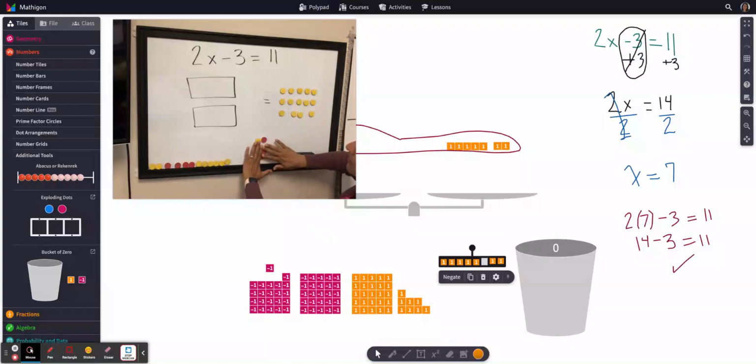So that again, when they're combined with these three, I have a total of positive 11 like I did at the beginning. Okay.